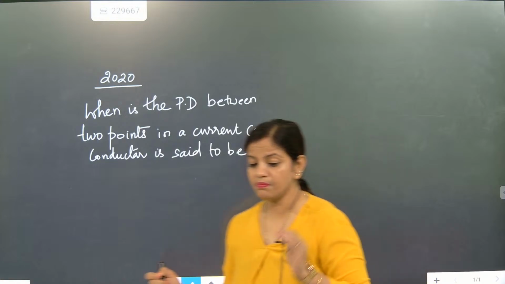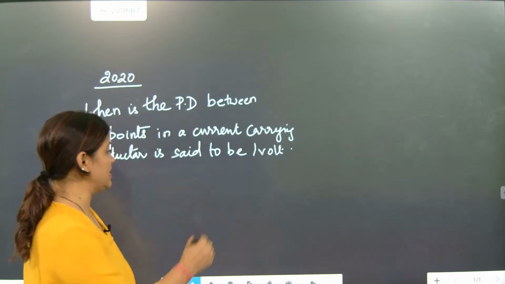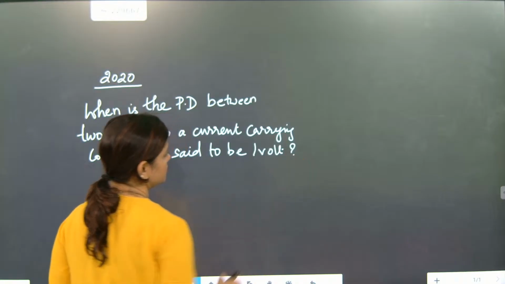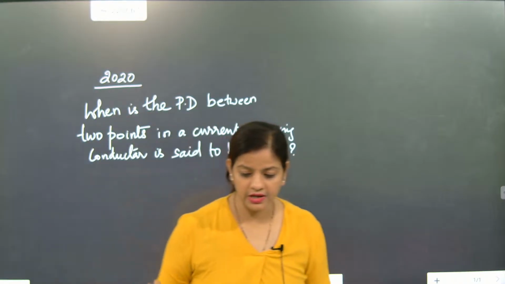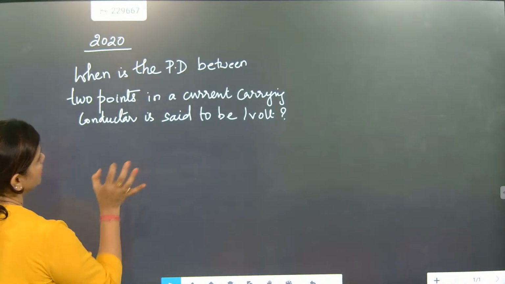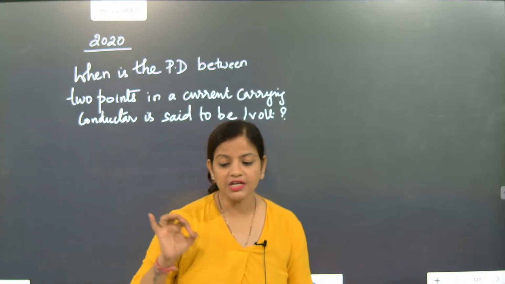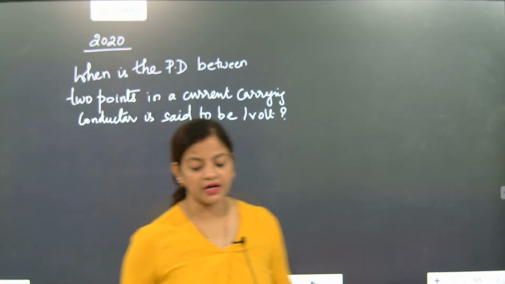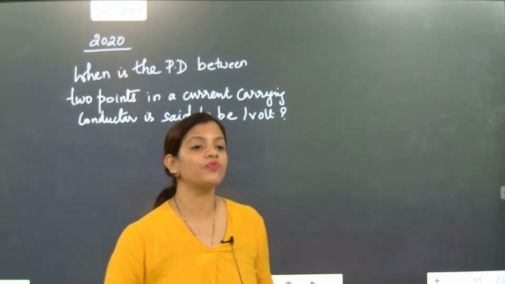Now this is a complete open question. They are only interested in getting the precise answer. When is the potential difference between 2 points in a current carrying conductor said to be 1 volt?